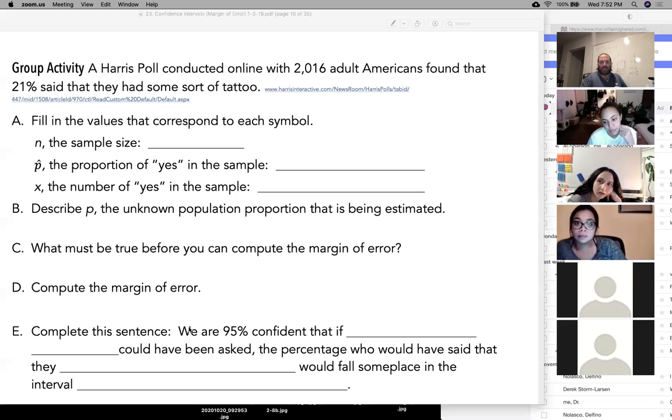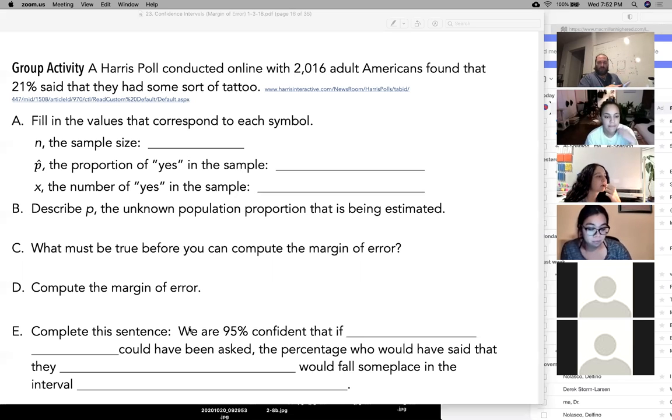I can't go to a website like ilovetattoos.com and take a poll to see how many people have tattoos, because the people who go to that website are probably more inclined to have them. It's got to be an unbiased survey. Assuming it is, you can compute the margin of error.